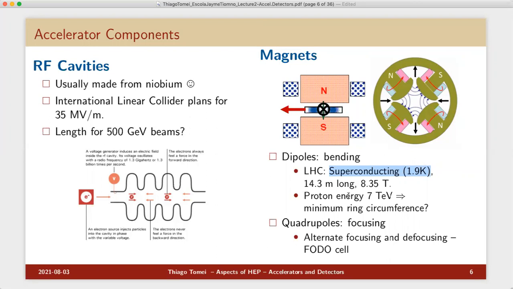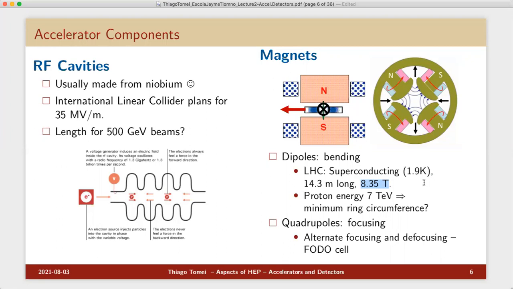And again, you can run the calculation here of the bending power, and you can ask yourself, okay, if I want to bend a proton that's traveling at 7 TeV energy with this kind of field, what's the bending radius? And from that, you can get the minimum ring circumference, because you have the radius of curvature, and from there you can get the circumference.